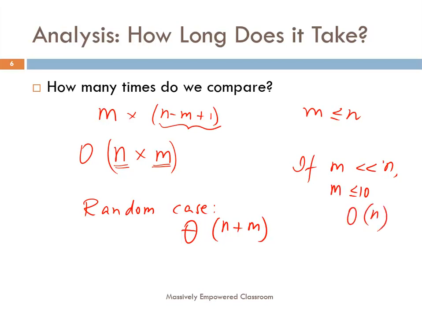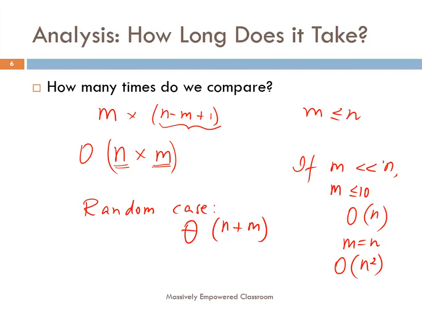But if the pattern itself can be almost as long as the given text, then it is different. For example, if m can be equal to n, then this becomes O(n squared) in the worst case, because n and m are of the same order. But if you can limit the size of the pattern, if m can be treated as a constant, then it becomes a linear time algorithm.